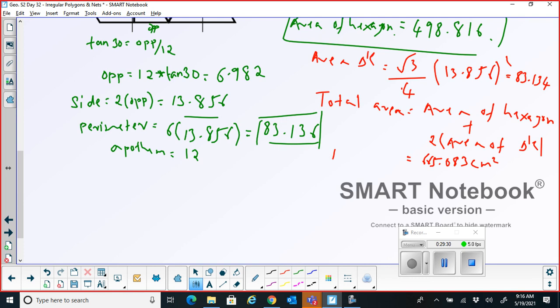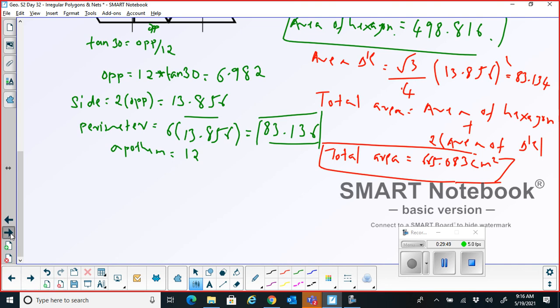Okay, that's our total composite area. So total area. Okay, I hope this is clear. Let's move on to the next slide.